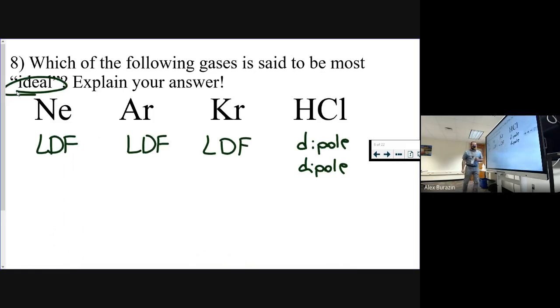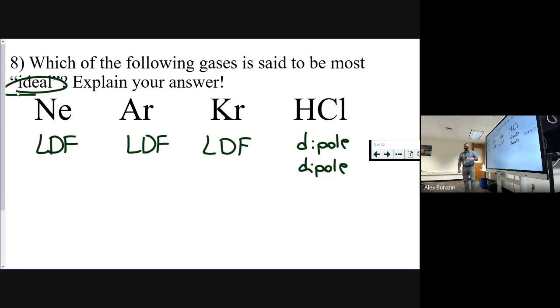So now the question is, which one has the weakest intermolecular forces? Bigger mass, more electrons, equals more polarizable. As polarizability goes up, intermolecular forces increase. They get stronger. So if I look at the mass of neon, it's 20. If I look at the mass of argon, it's 40-ish. The mass of krypton is even bigger.